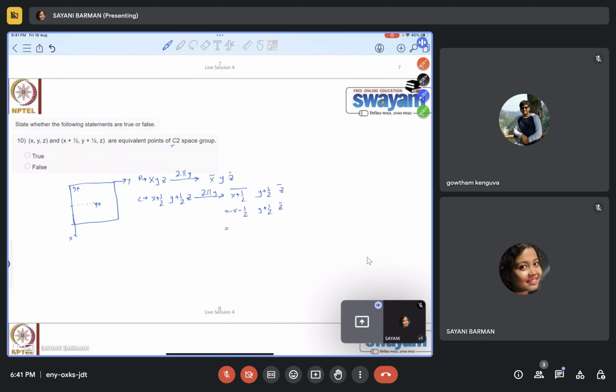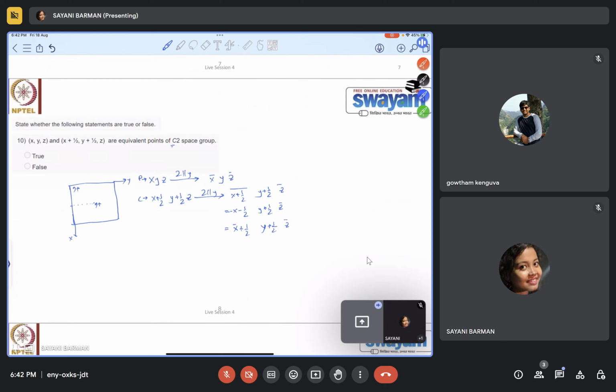Minus 2 means the point is out of the unit cell. So to include the point inside the unit cell, you just add 1. So it will be x bar, then minus half plus 1 means plus half, y plus half, z.